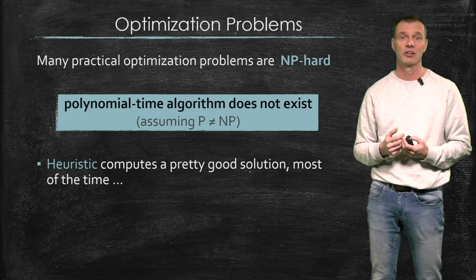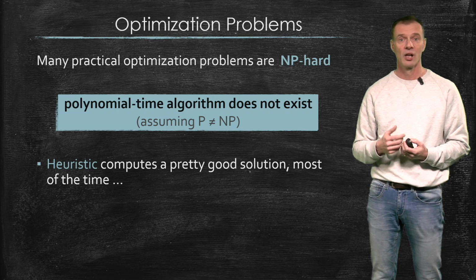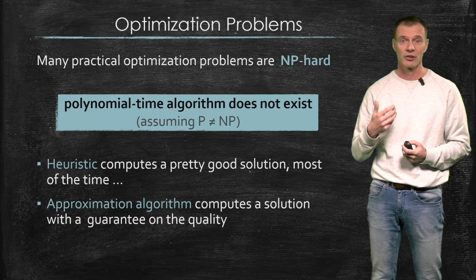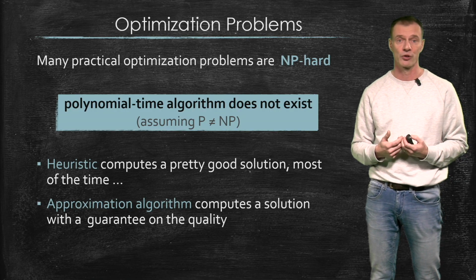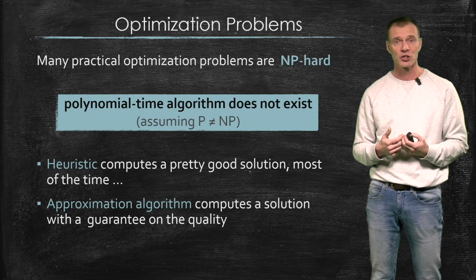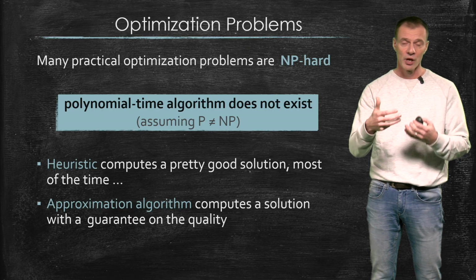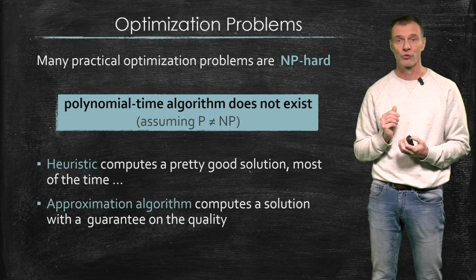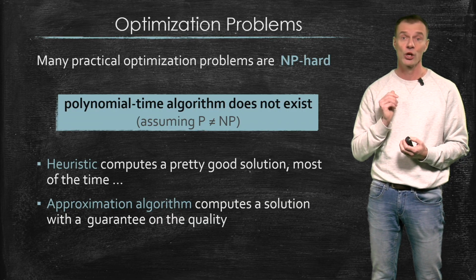What we're interested in this course is something where we can prove something about the quality of our solutions. And that's where the concept of approximation algorithm comes in. So an approximation algorithm is an algorithm that comes with a guarantee how close the value of your solution is to the optimal value.